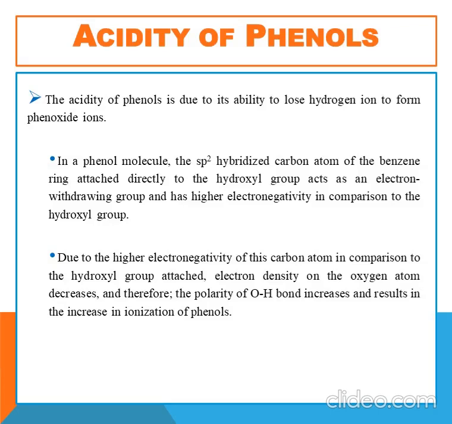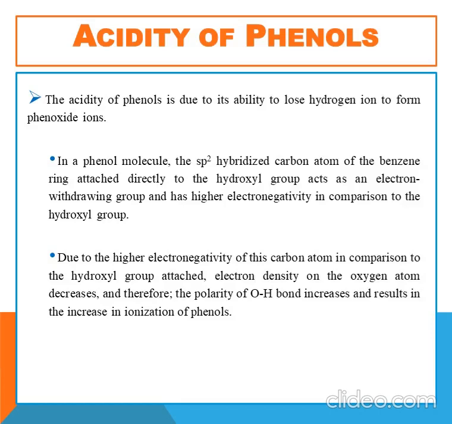So once the electron is taken up by the sp2 hybridized carbon atom, what happens? Electron density on the oxygen atom decreases. Once the electron density decreases, the OH bond becomes more polar. Polarity will increase, and as a result there is an increase in ionization of phenols.